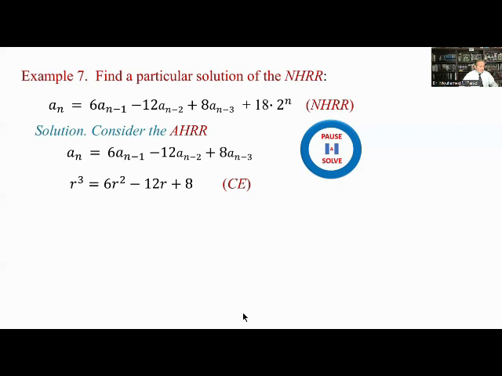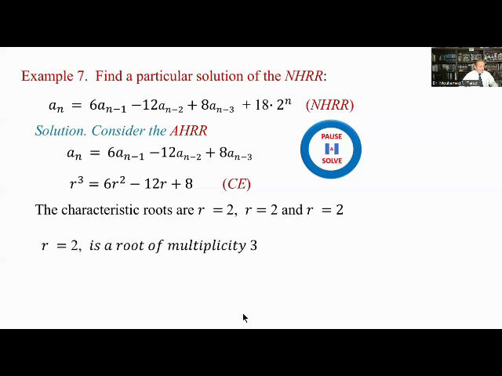The characteristic equation. The characteristic roots are 2, 2, and 2. So that's a root of multiplicity 3.